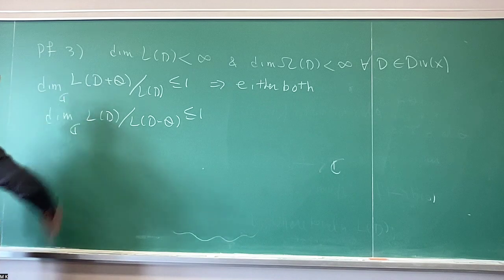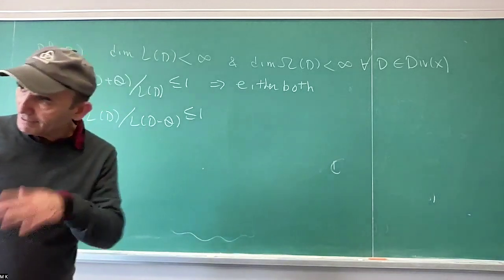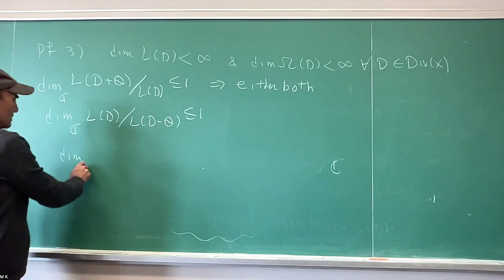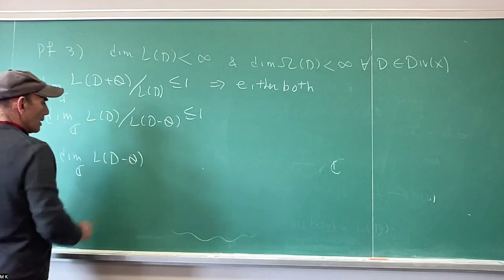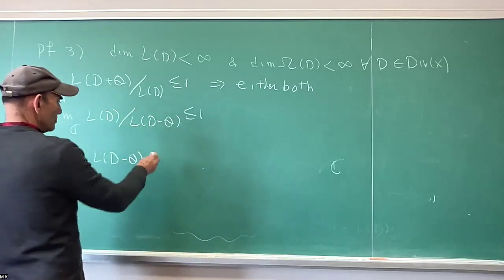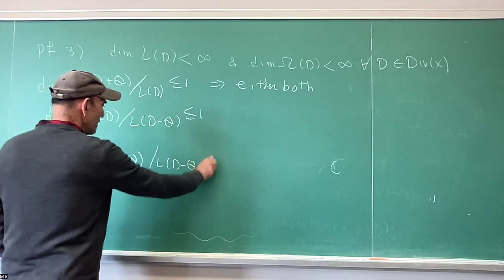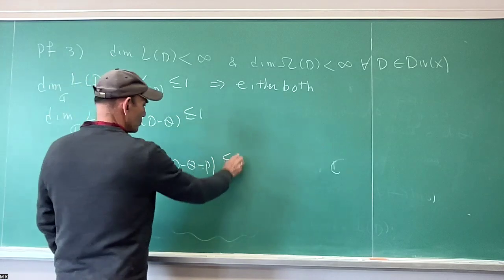Okay, so then what we do, we are going to subtract. So the next step, we just write dimension of C, L of D minus Q divided by L of D minus Q minus P. So, okay, let me put it like this. Another point is less than or equal to 1.